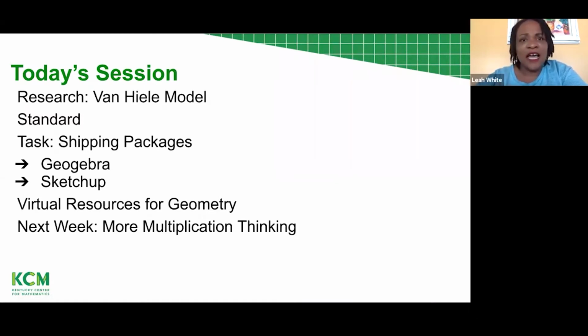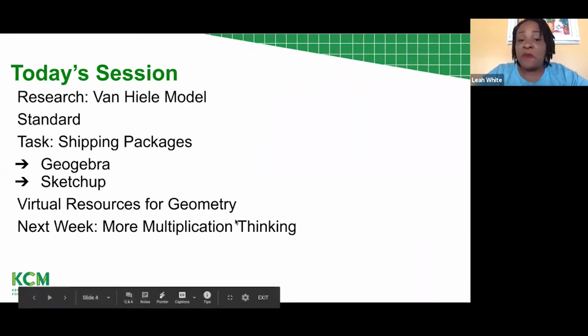The task I got from NCTM's problems of the week. So I think it's going to be pretty cool. Embedded within this task are 2 resources that I think are great for geometry, particularly for high school. Then I'll share some other resources with you, and give you some information about multiplication next week.